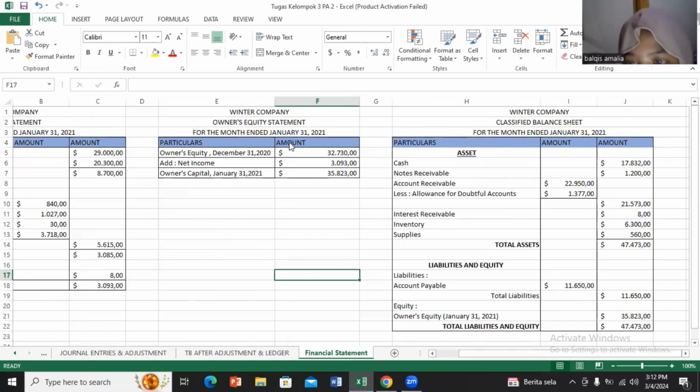After that, we have Winter Company classified balance sheet. It's for the month ended January 31st, 2021. The particulars are: the first one is the assets.